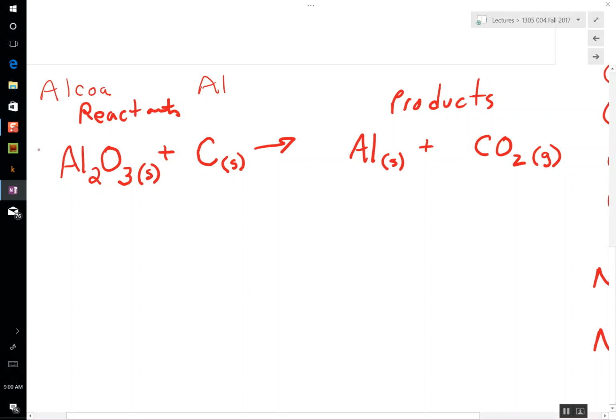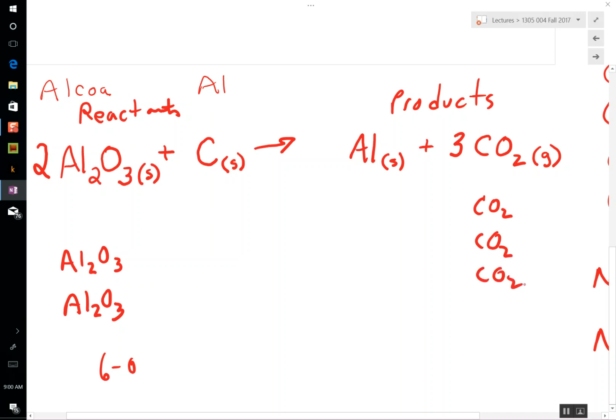Okay, if I put a 2 right here as a coefficient, what I'm really saying is there are 2 of these. So that gives me 6 oxygens, right? So how do I get 6 oxygens coming out in the products? Put a 3 in front of here. And that's really saying I've got 3 carbon dioxide molecules coming out of there. 2, 4, 6 oxygens. Perfect. Well, not perfect, but it's definitely down the right track.